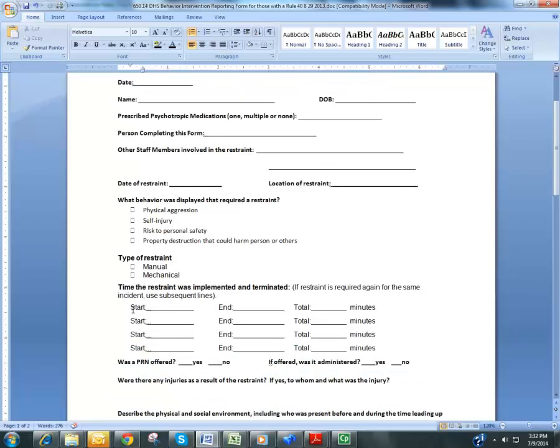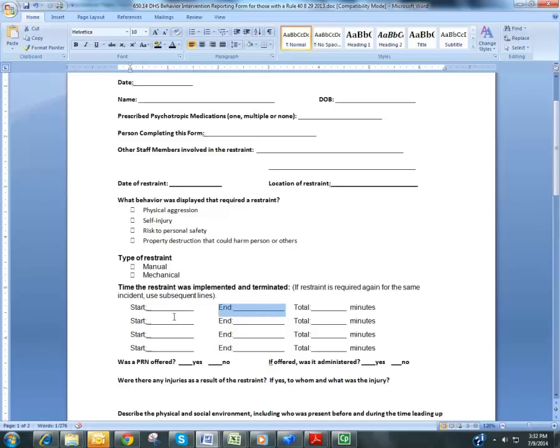Down here we are going to see the time that the restraint was actually implemented and then terminated. So over here is where you're going to indicate the actual time that you started the restraint, and you will then indicate the time that you actually ended that restraint.